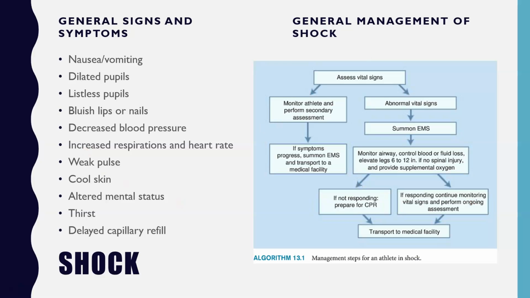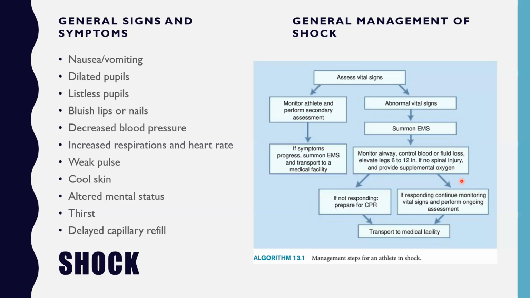Our general management of shock is going to be both specific to removing whatever the cause of the initial shock is, and general in the aspect that really all we can do is try to get as much blood flow to the vital organs as possible, and prepare for any potential deterioration with that.